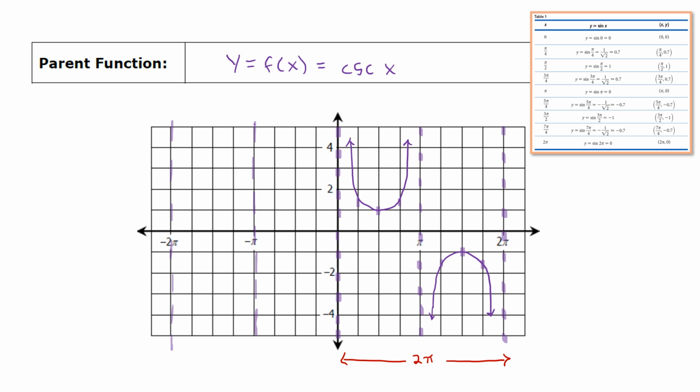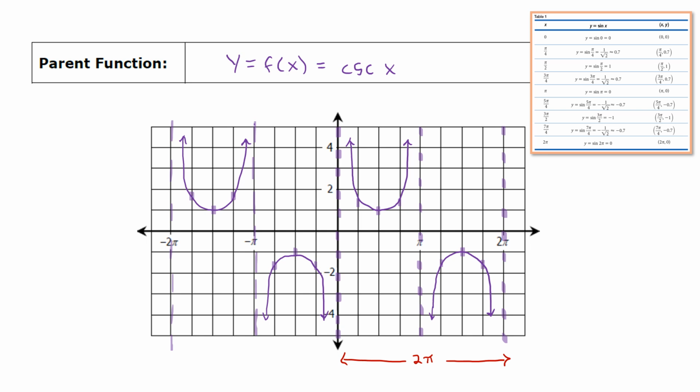So we would have negative 1.4, negative 1, negative 1.4, and then positive 1.4, 1, and 1.4. And we can now connect the dots. All right, and that is the cosecant graph.